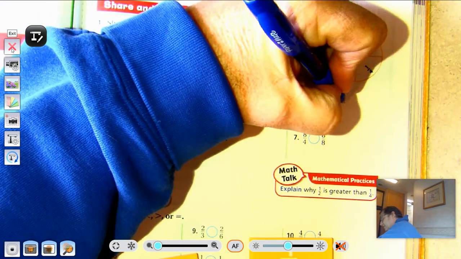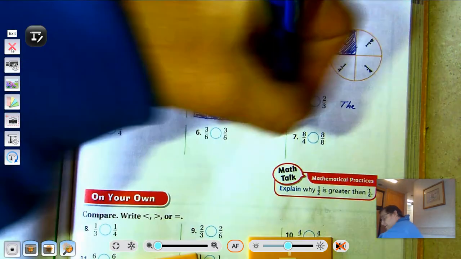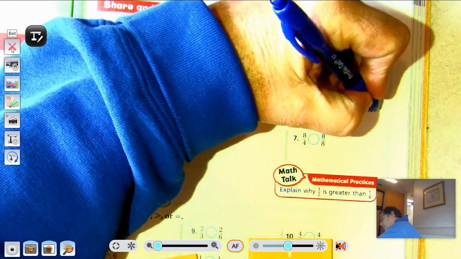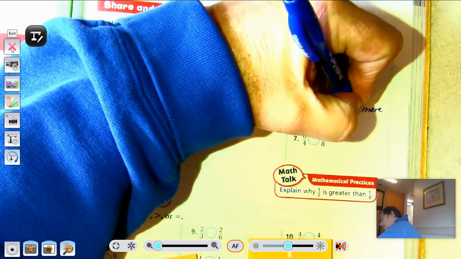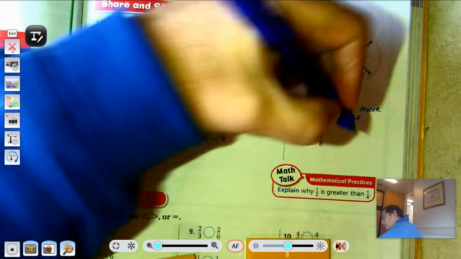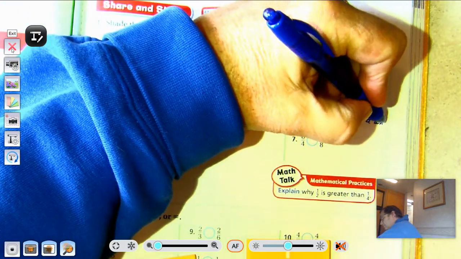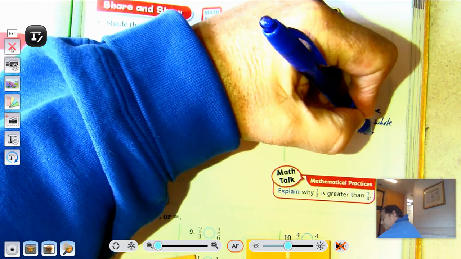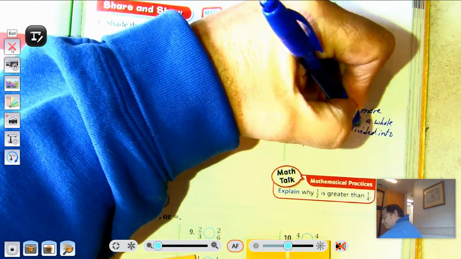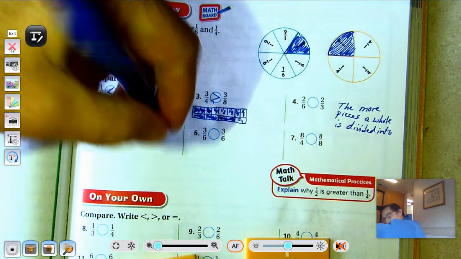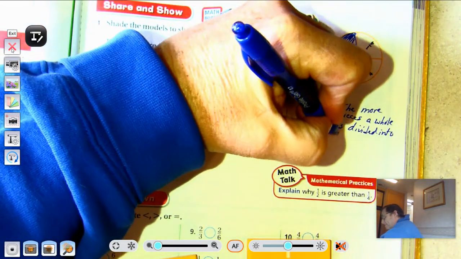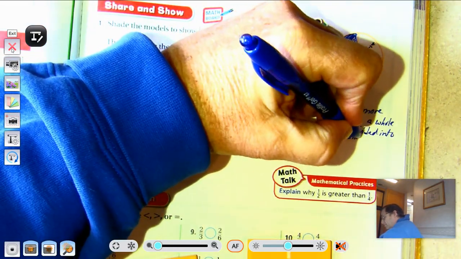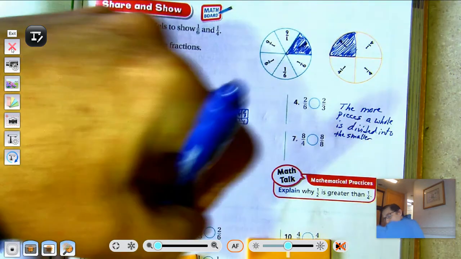So we can say the more pieces a whole is divided into, the smaller the pieces are.